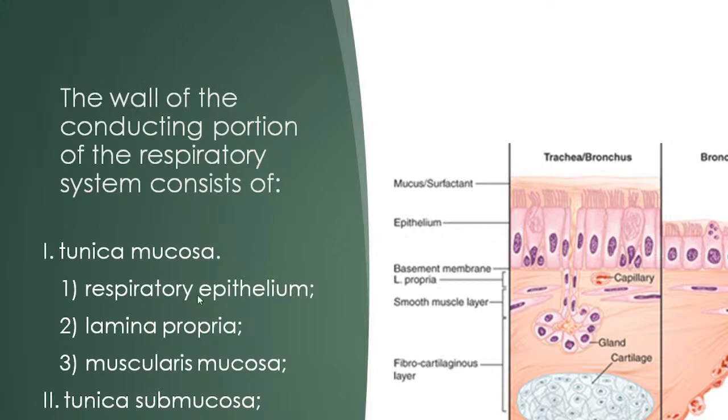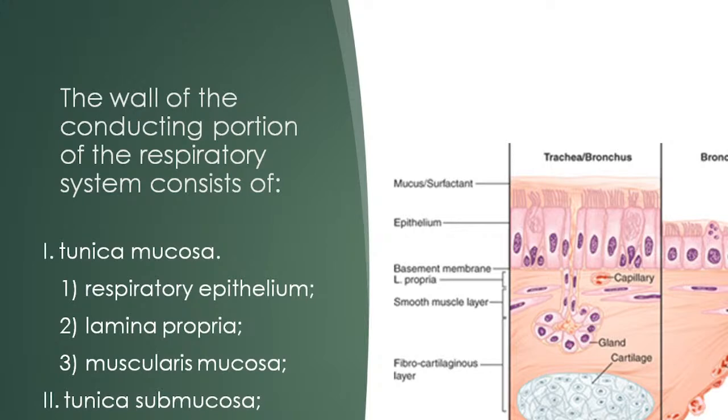You can see a gland here, mucous and serous glands. And there are fewer glands in the narrow airways, and they are not present beyond the tertiary bronchi, only in large airways.